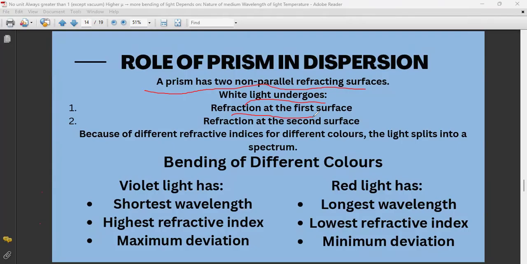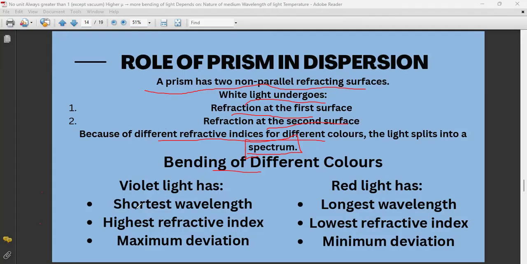The white light gets refracted, and when it comes out from the second surface, which is the non-parallel side of the prism, because of the different refractive indices of the different colors, the light splits into the spectrum. Because each light ray has a different refractive index, we see the different colors when light comes out of that prism.